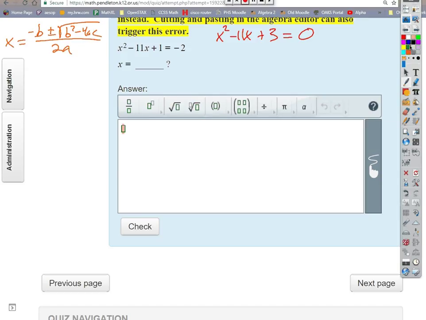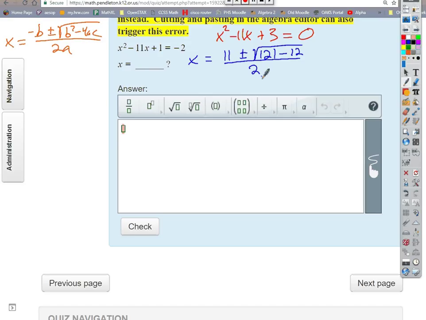So if we plug in our numbers, that's going to give us, what, x equals, what's negative b? 11, just 11, right? 11 plus or minus square root of 11 squared, so 121, minus 4 times 1 times 3. What's that? 12. All over 2, right?